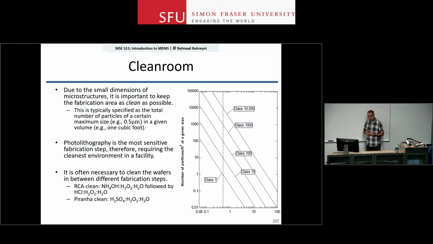Two of them are mentioned here, RCA clean and Piranha clean. So for example, in case of Piranha clean, what you have is sulfuric acid added to hydrogen peroxide. This is a very volatile, very aggressive combination. It removes all sorts of metal traces and organic traces from the surface of your wafer. And the reason that you do this is that you want to make sure that for the next step in your process, you have the cleanest surface possible.